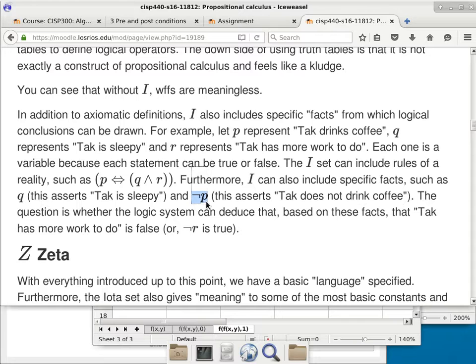What can you deduce? That is what propositional logic is really for. It's for deduction, not just for recording stuff. What can you deduce when it is already known that Tag is sleepy and Tag is not drinking coffee? Can you deduce anything?